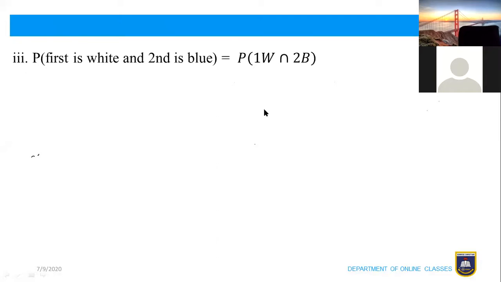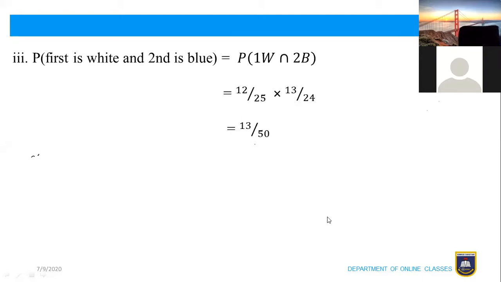So the first white ball will intersect with the second white ball in one bracket, plus the third blue ball intersecting with the fourth ball. If you continue, you get 39 on 575. Oh, okay. All right.